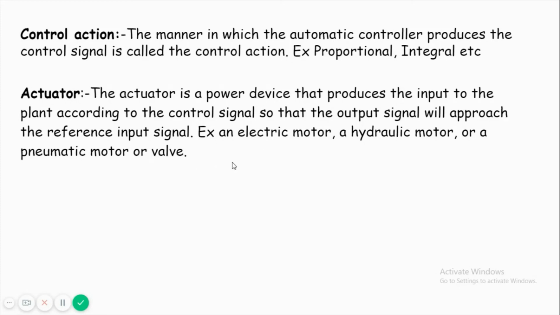The actuators, in many cases, can be power amplifiers or power devices that increase the power of the control signal, or create a high power signal that is given to the plant, and the plant gives the desired output.